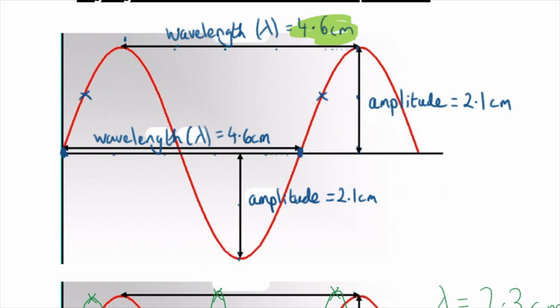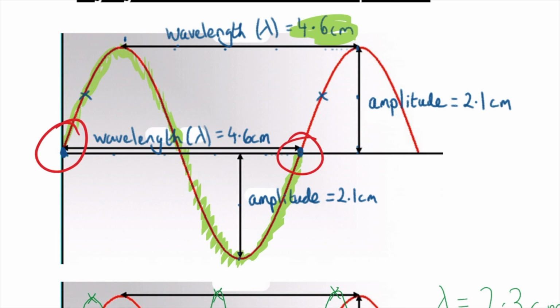Okay, one wave, let's use a highlighter. That's a quarter of a wave. That's half a wave. That's 3/4 down to here. And that's one whole wave. Up to here, let me explain that. If you look at this spot here and this spot here, they're identical. It's the start of a new wave.